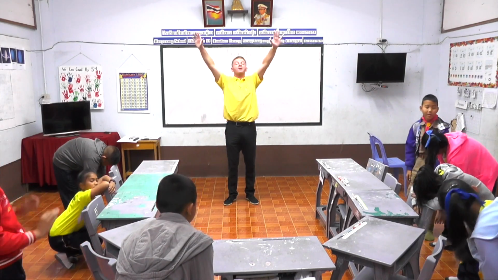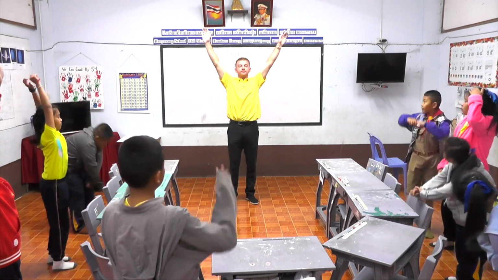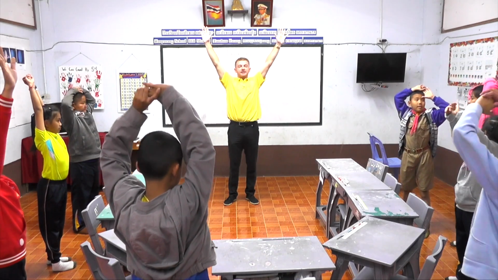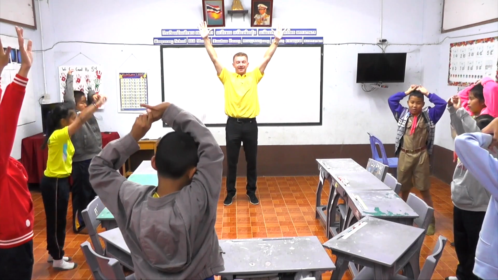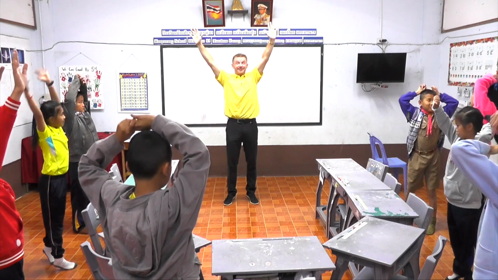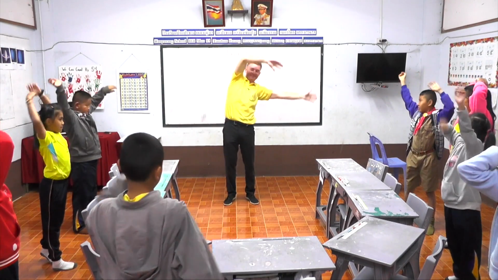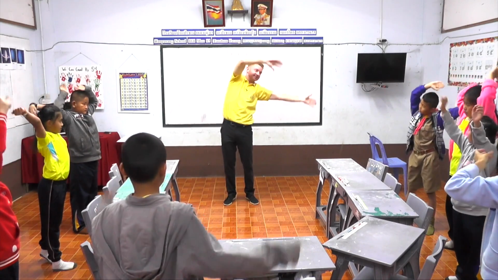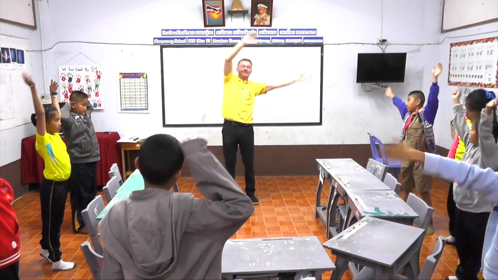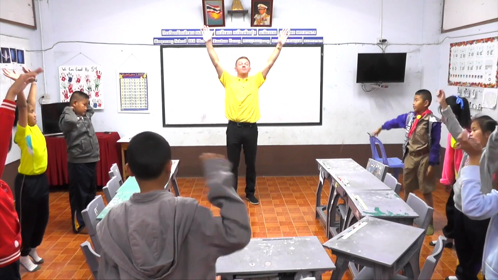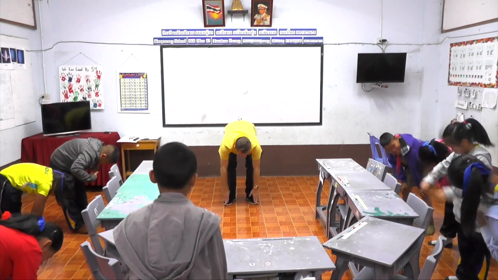Then we can go back up high one more time. And this time, can we go tippy toe high? And while we're there, let's have a wave side to side. Excellent, guys. And then back down to touch your toes once more.